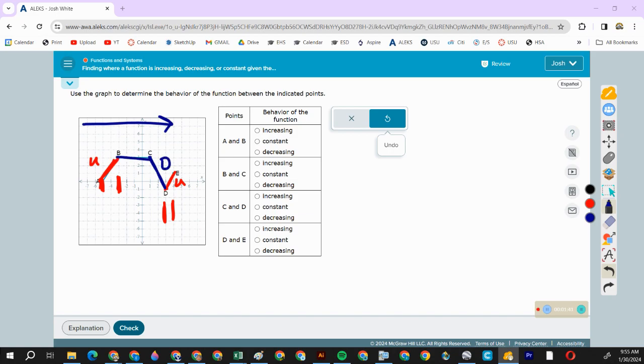And then in this section, it is constant. So over here from A to B, this graph is increasing. From B to C, the graph is constant. From C to D, decreasing, and from D to E is increasing.